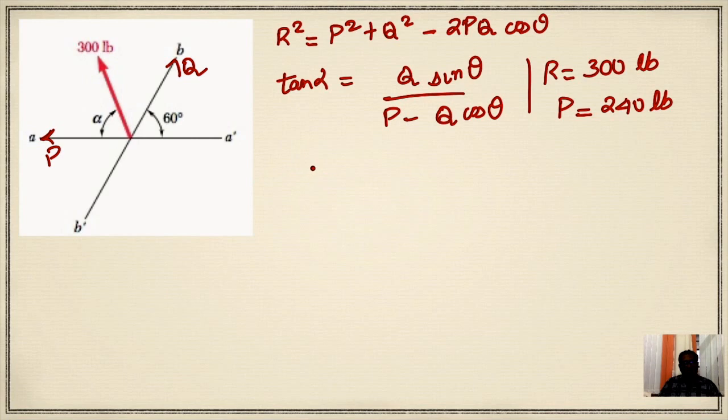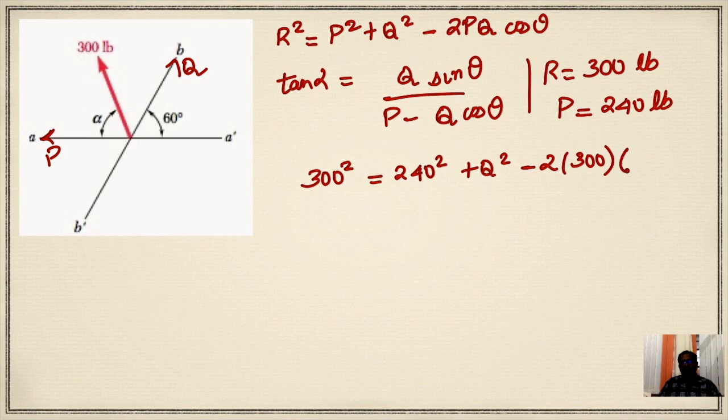So when we are substituting the values, it is 300 square is equal to 240 square plus Q square minus 2 into 300 into 240 into cos, and this is where again we have to do a small bit of trigonometrical calculation.